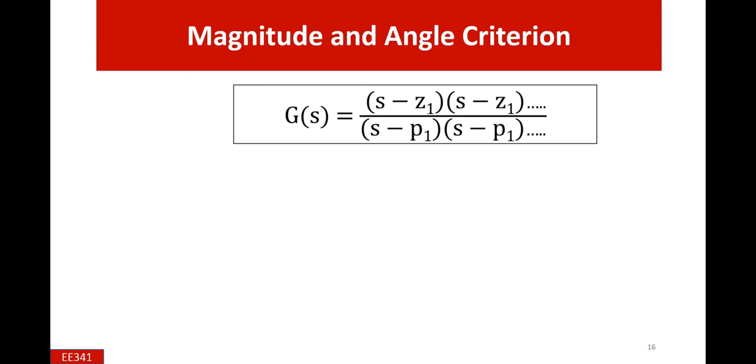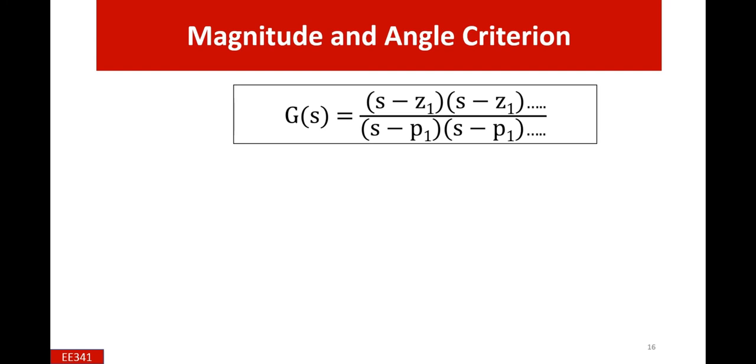here we can directly find the values of the zeros and positions of the poles if we set it equal to 0, and z1 is the position of the zero, and this may be a real value or a complex value. If it is complex, then s minus z is also a complex function.